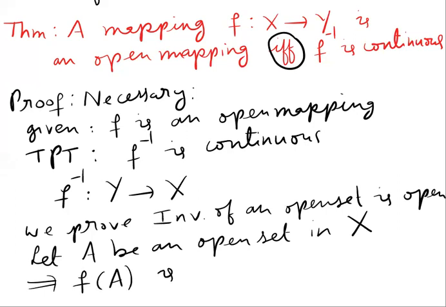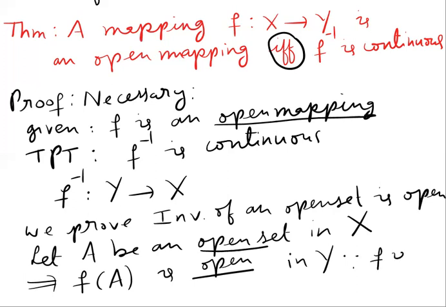Can you guess? f is an open mapping, that is given, and A is an open set. So f of A is open in Y, because it is given that f is an open mapping.